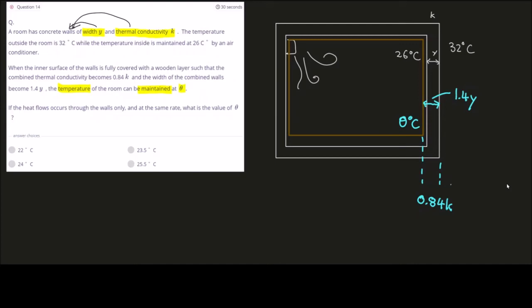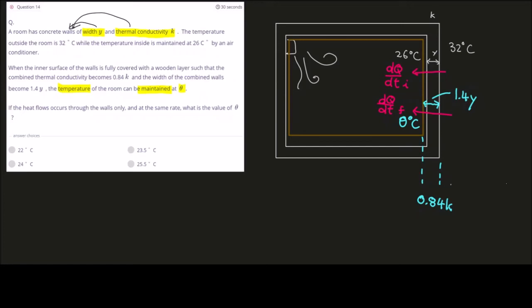So if the heat flow occurs through the walls only, it means there's no windows, there's no other kind of possible way for heat to flow, only walls only, and they are at the same rate. It means before this, heat is flowing in with dQ/dt initial, and after you make some renovation, you have a new dQ/dt final, but they are saying that dQ/dt initial and dQ/dt final are just the same.